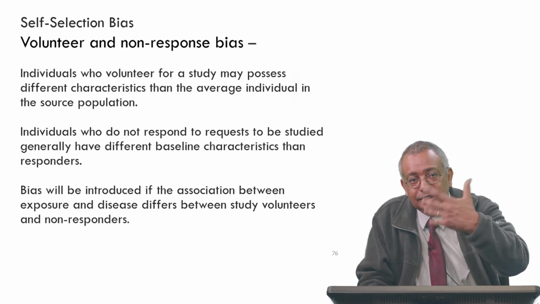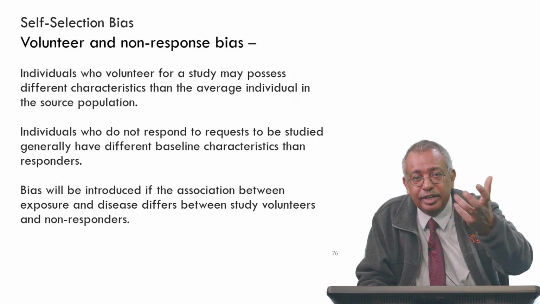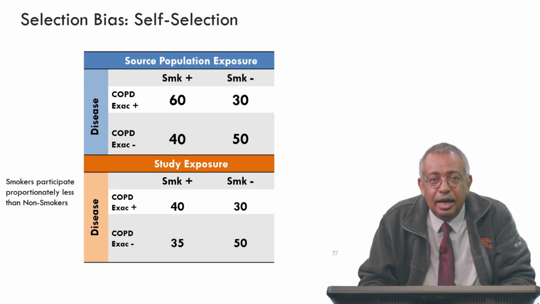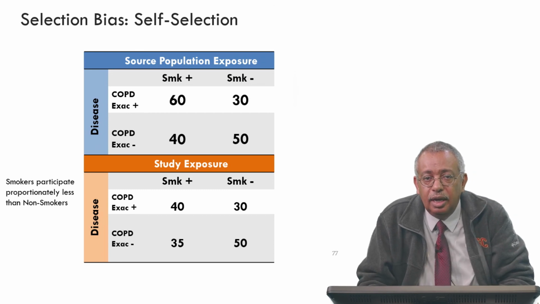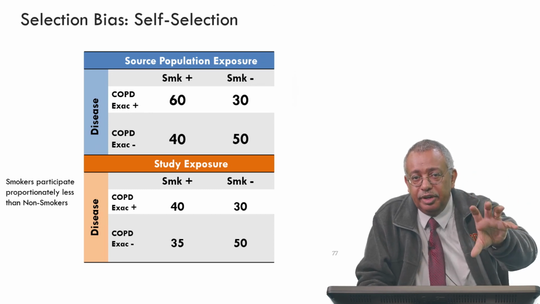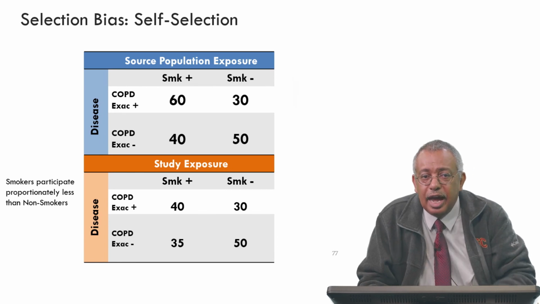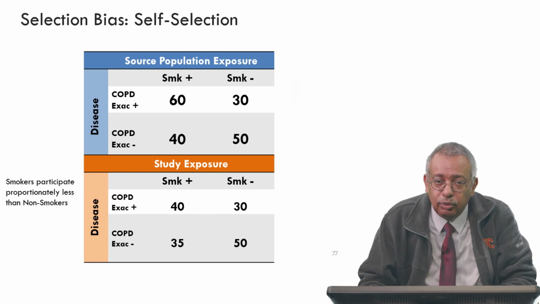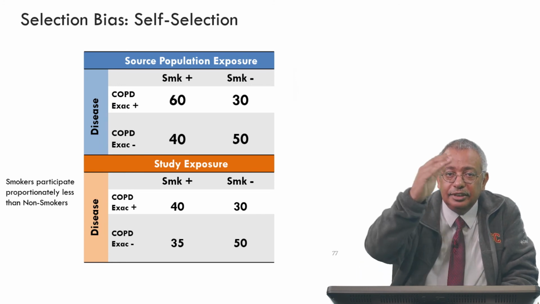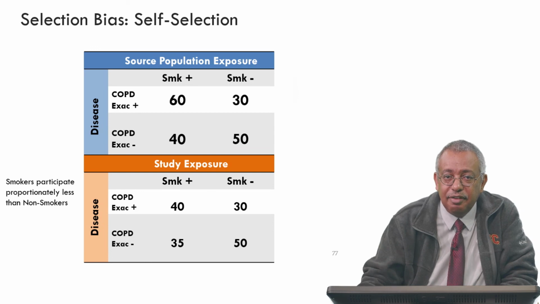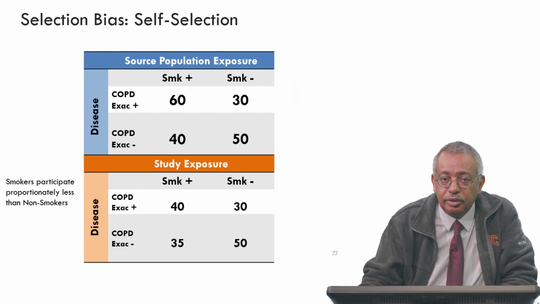So, for instance, in self-selection, you have what we call voluntary and non-response bias. This goes through an example between chronic obstructive pulmonary disease and smoking, and how things relate to each other in the target population and in the study population. You start with 60, 30, 40, 50, as you have here in the top 2 by 2, and what you're observing is in the bottom.